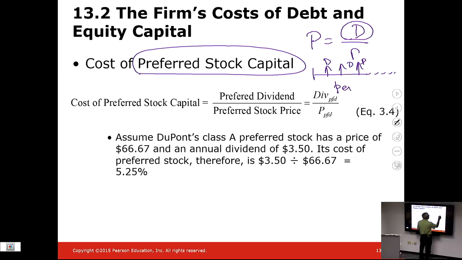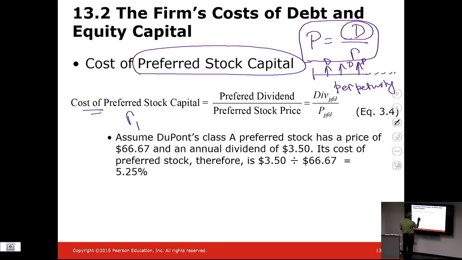Essentially, that's a perpetuity. And the present value for perpetuity is given by this. So now to calculate the cost of the preferred stock, I take the dividend and divide that by the current price of the preferred stock.